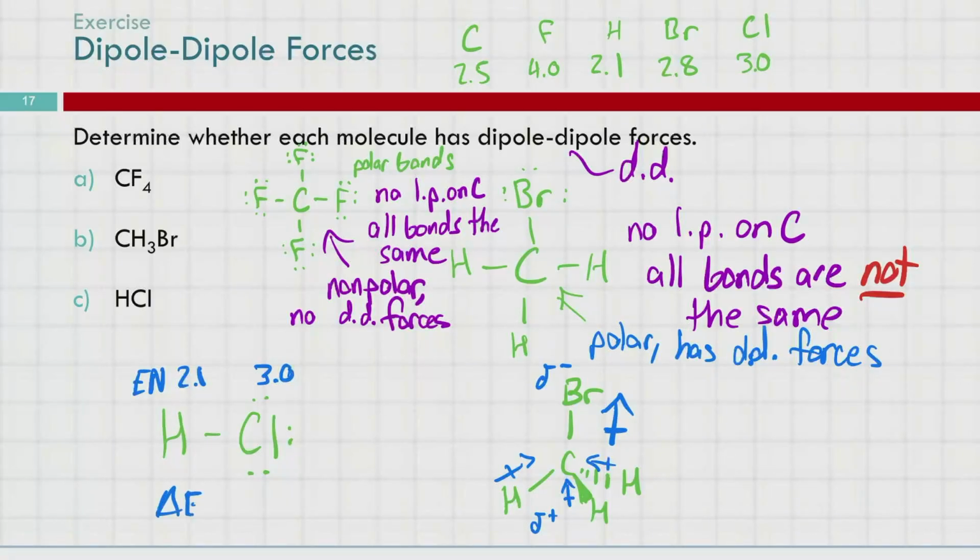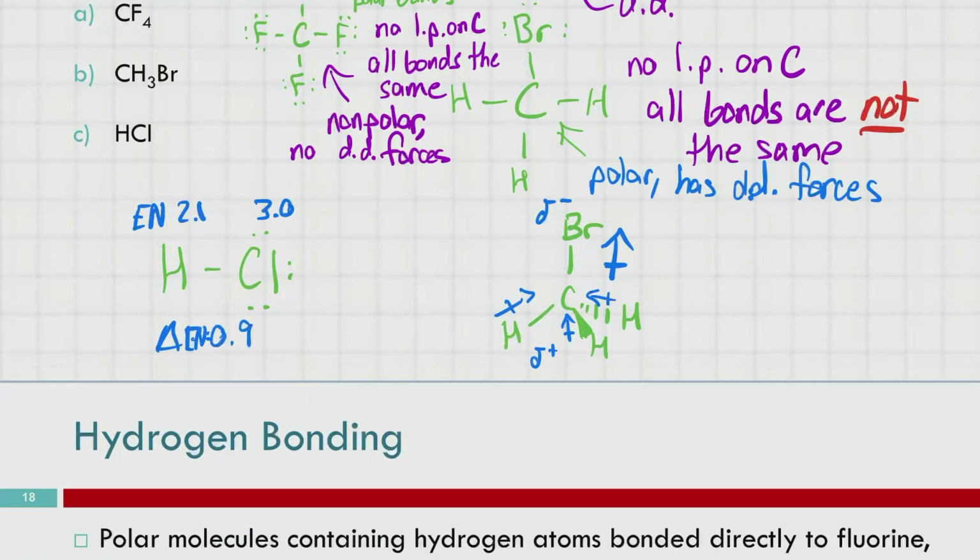Our difference in electronegativity is 0.9. That puts us in the polar range. Not that big, 0.9. There's nothing to cancel out that force. Right? It's just chlorine and hydrogen. Chlorine's winning here.